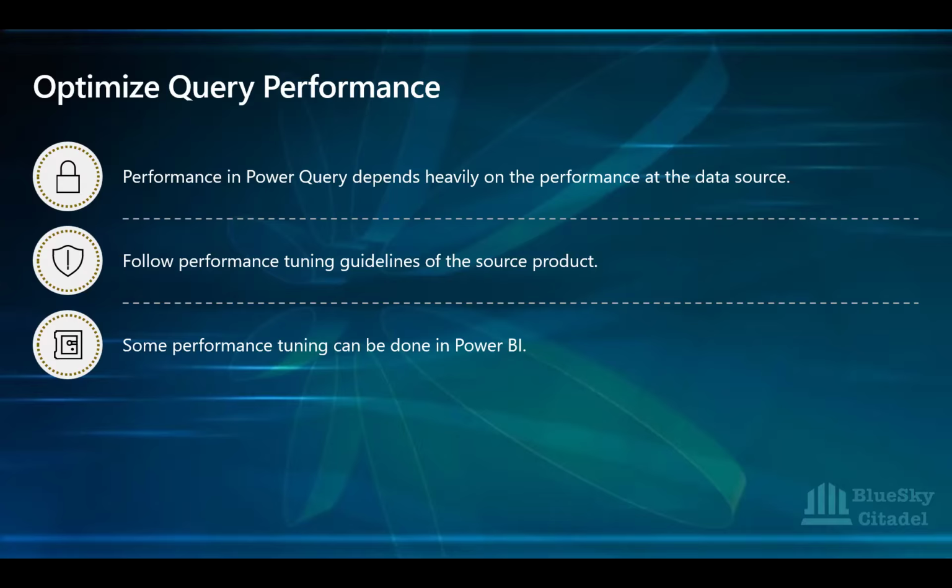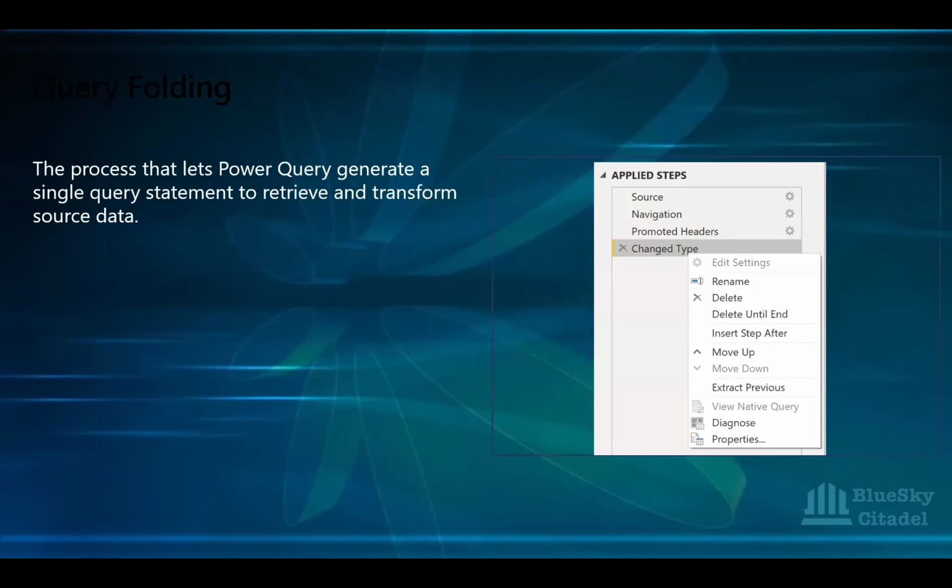So Power Query takes advantage of good performance at the data source through a technique called query folding. Let's move on. Query folding is the process that lets Power Query generate a single query statement to retrieve and transform data.